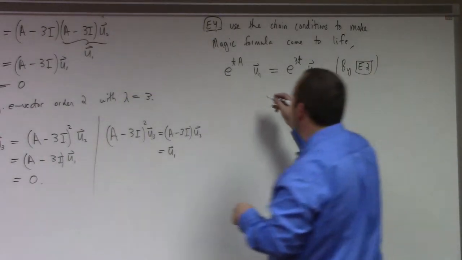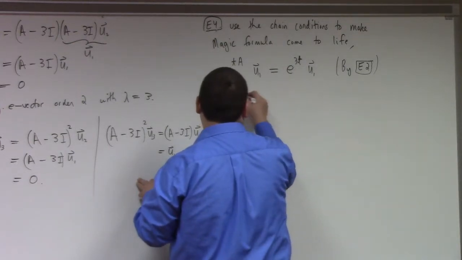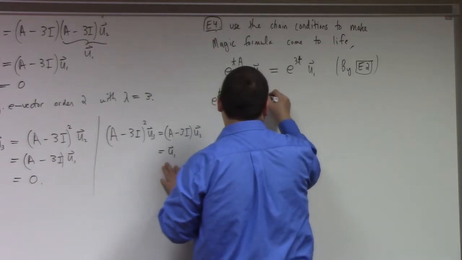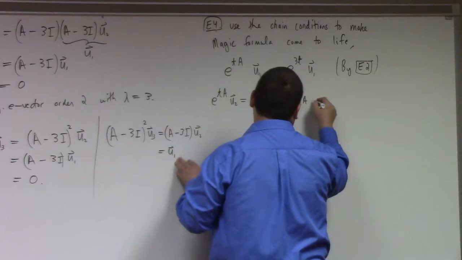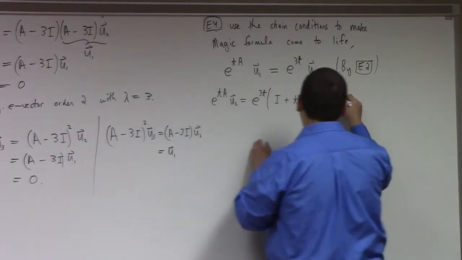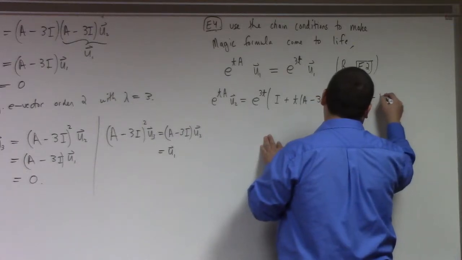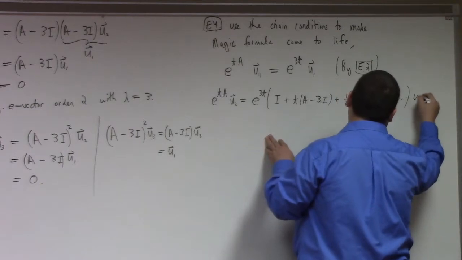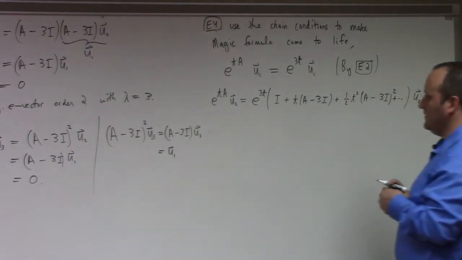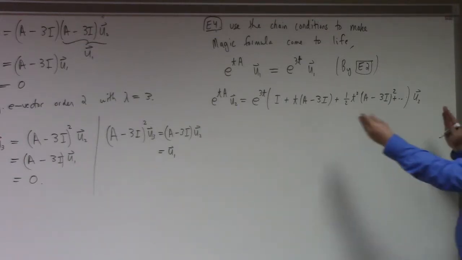Now e to the tA times U2. How does that go? Well, we've got e to the 3t times I plus t times (A minus 3I) plus 1/2 t squared (A minus 3I) squared plus and so on, all of that times U2. What I just wrote, I don't usually write. I'm just writing it to emphasize the logic here. So this is the magic formula.